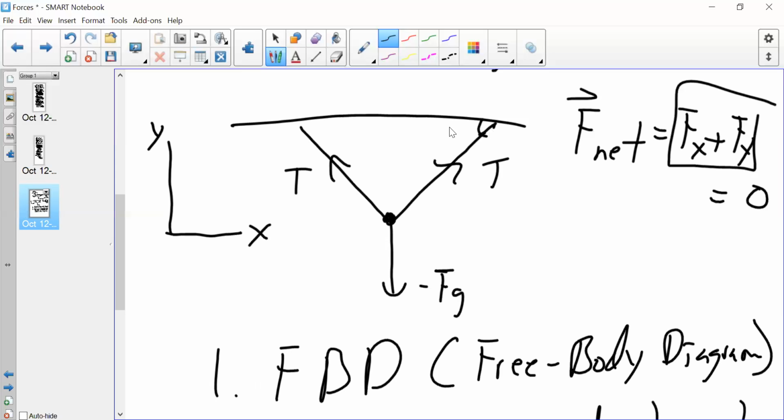Sine and cosine of theta. Yep, exactly. So here's 40 degrees, and so tension's at an angle. All forces like tension at angles have two parts. So it's going to be made up of the cosine part here and the sine part there. This 40 degrees is this 40 degrees on the interior.